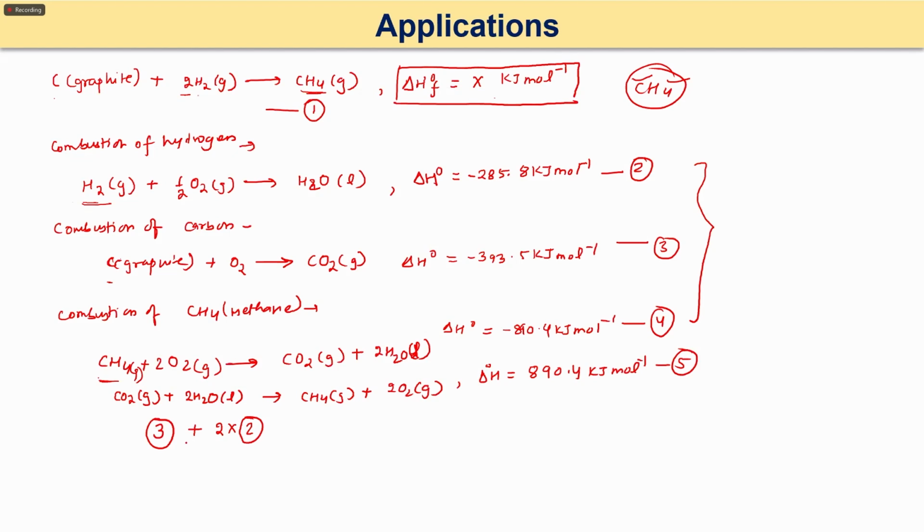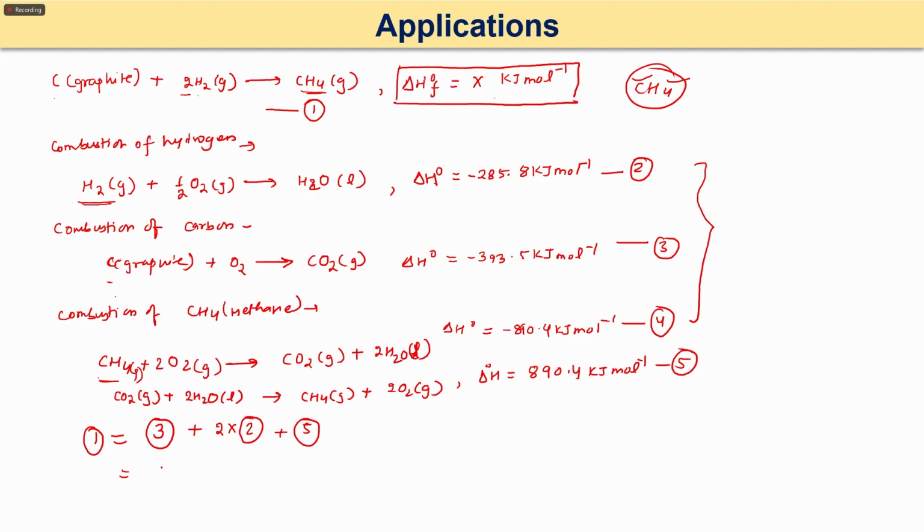Now, in order to get equation 1, we add equation 3, multiply equation 2 by 2 in order to get 2 moles of hydrogen, and then add equation 5 to get CH4, methane, on the right side. So let us do this.